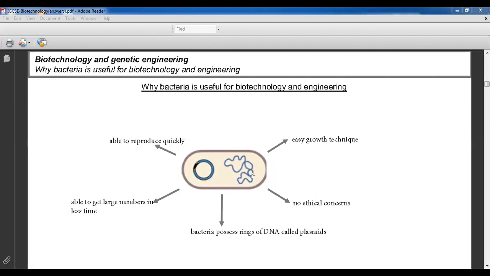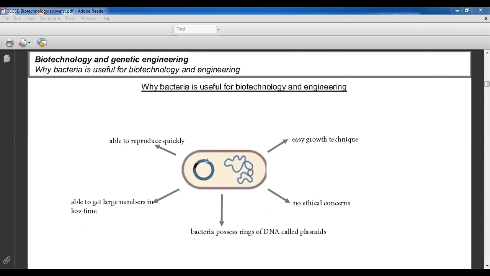And this is very important in genetic engineering, because we can insert our gene of interest into this ring very easily, because it contains different recognition sites where I can put the gene of interest in this plasmid easily, and then in bacteria it will express.